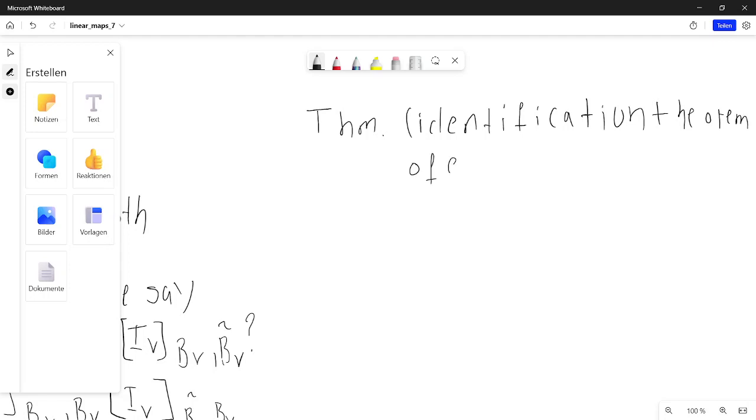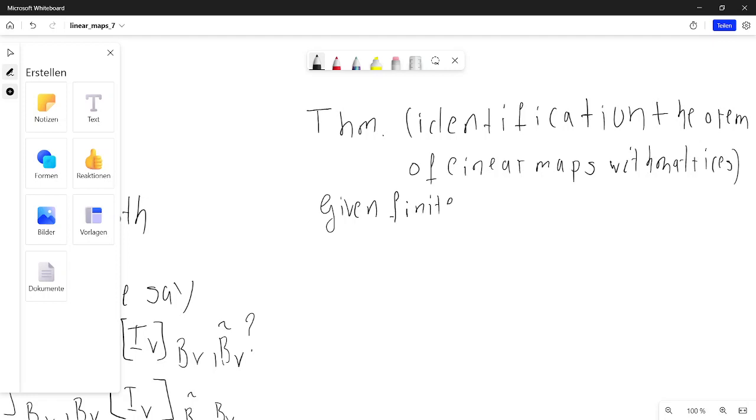Of linear maps with matrices given finite-dimensional k-vector spaces.